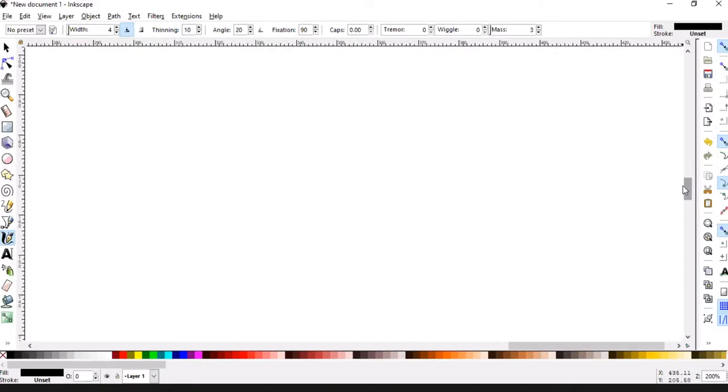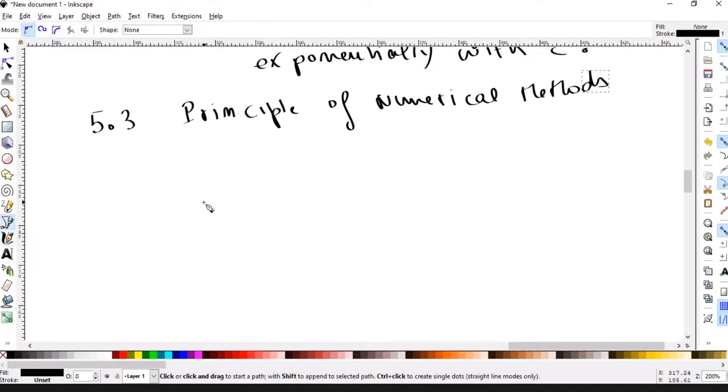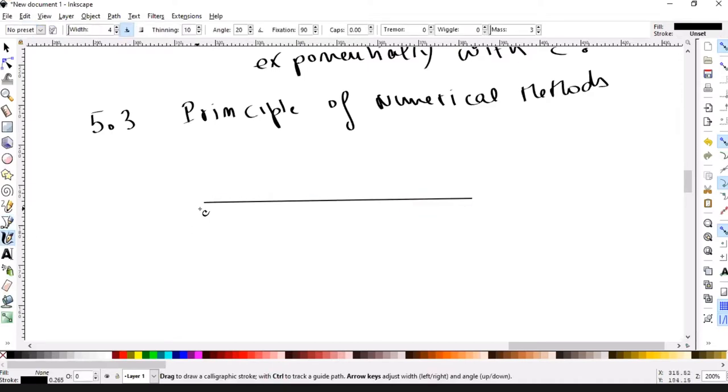Like I said, if we want to find the solution on a given interval a, b, we discretize this interval into n plus 1 points, or n steps, with step size h here.